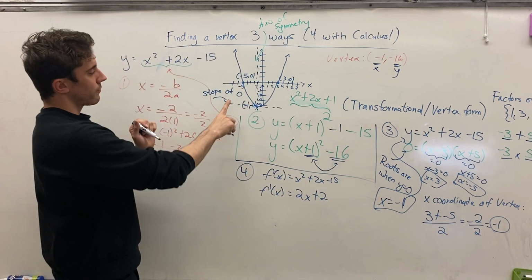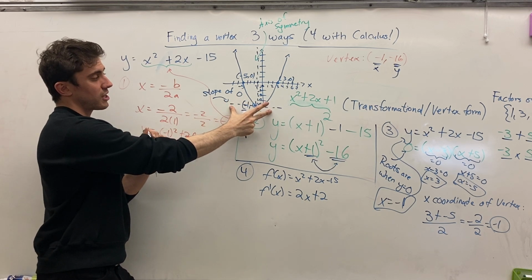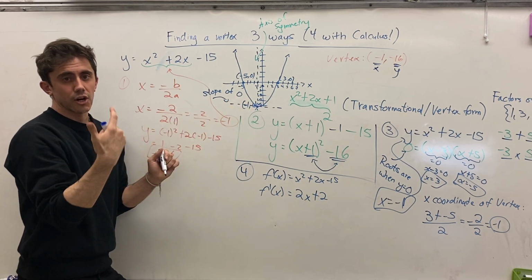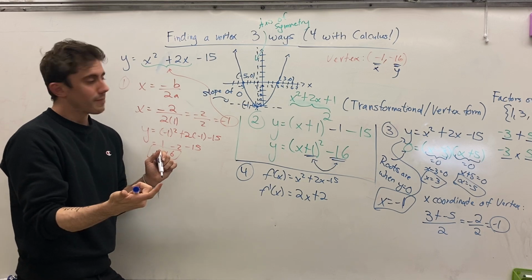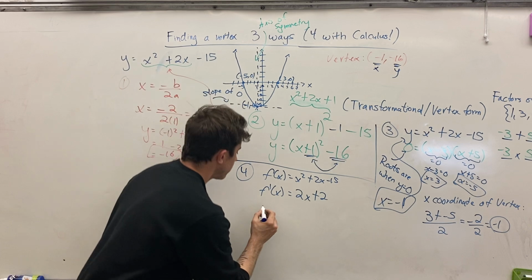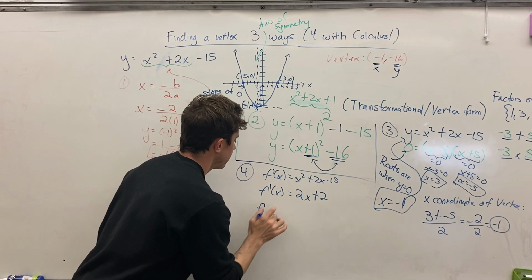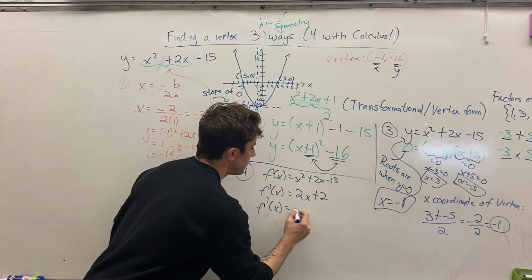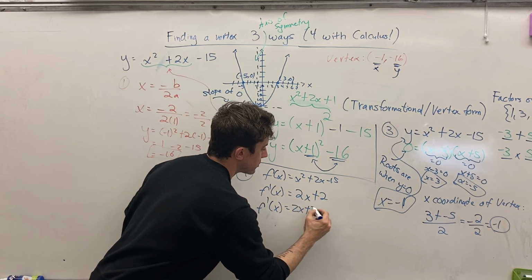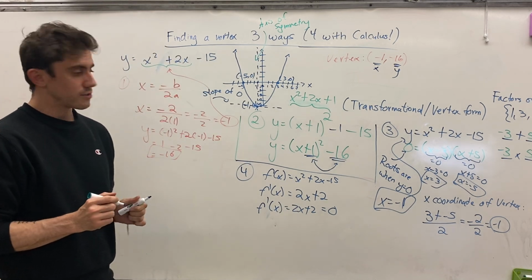And so if we solve f prime of x equals 0 to get the slope of 0 of the tangent line to the curve, which would indicate a critical point, a local min or local max, here our vertex for any quadratic function, then we look at f prime of x, which is equal to 2x plus 2 equals 0. And so we can solve this fairly straightforwardly.